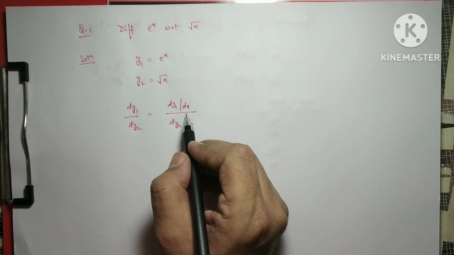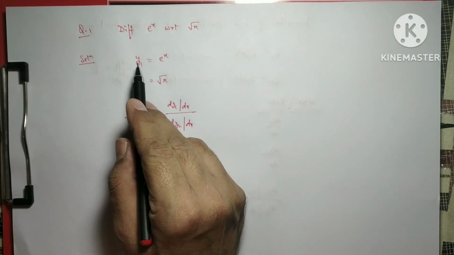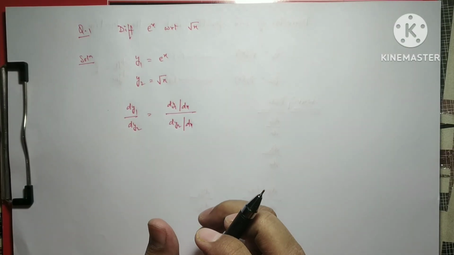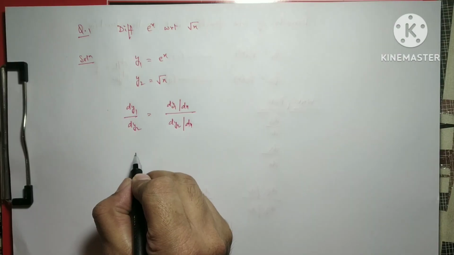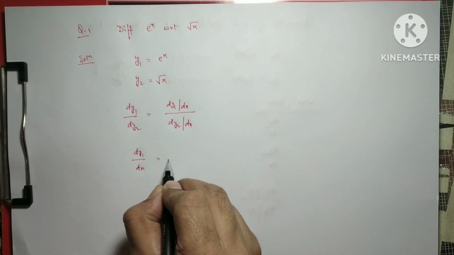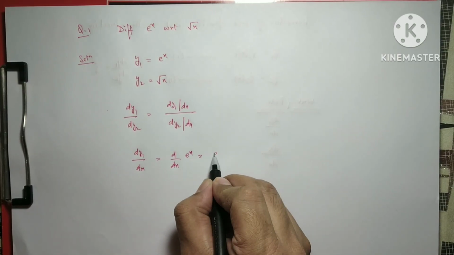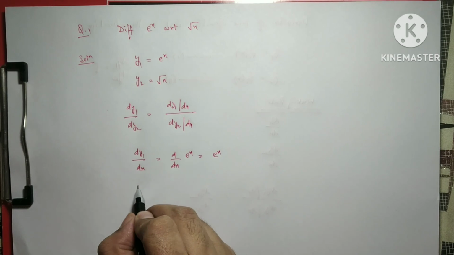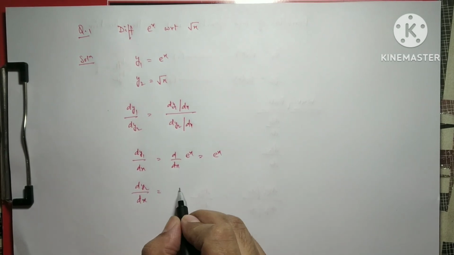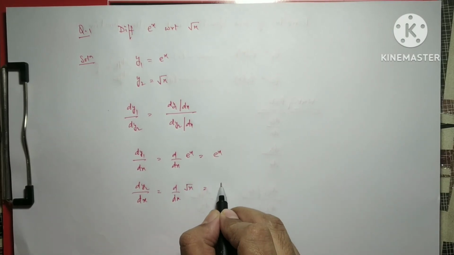So first we will find the first derivative of y1 and then first derivative of y2. So dy1 over dx is d over dx of e to the power x. So we get e to the power x. And the same way में dy2 over dx, the first derivative of second function, that is d over dx of root x, that is 1 over 2 root x.